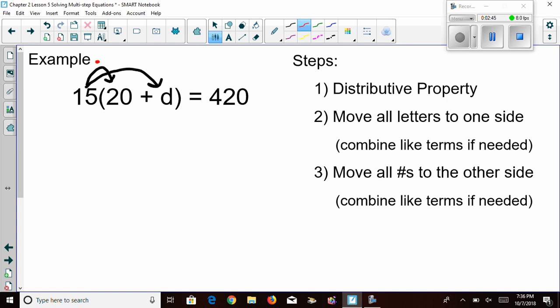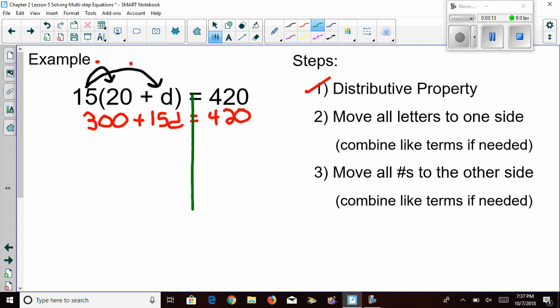So it's multiplying. We know 15 times 20 would be 300. 15 times d is a positive 15d, and that equals 420. So step 1 complete.